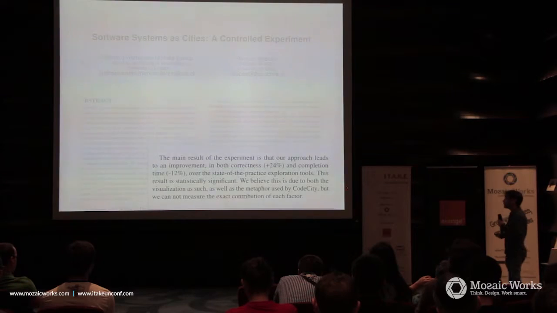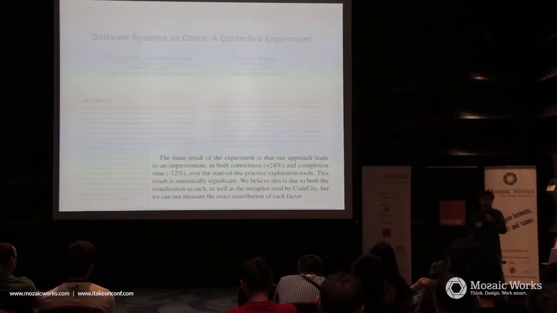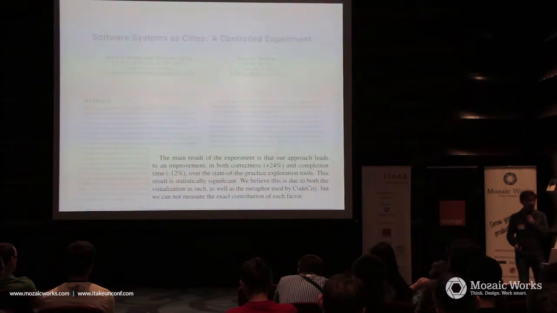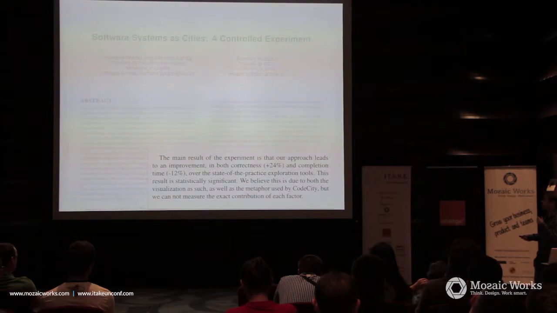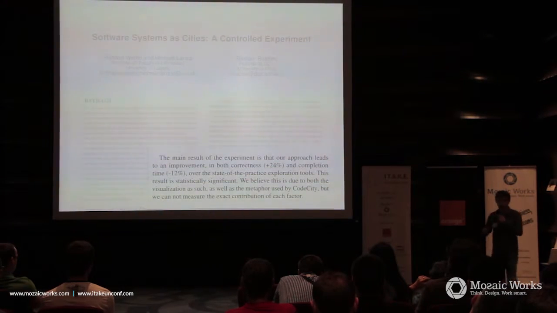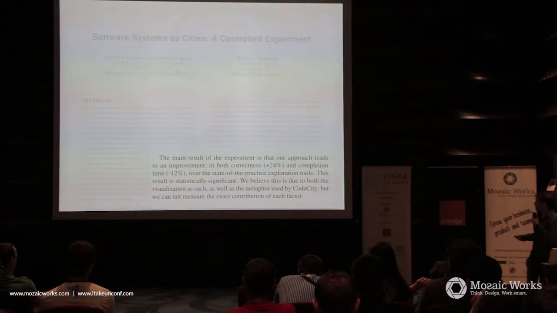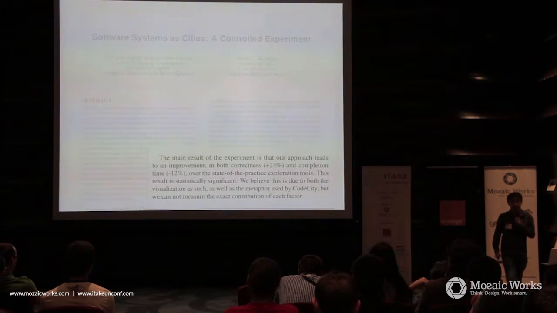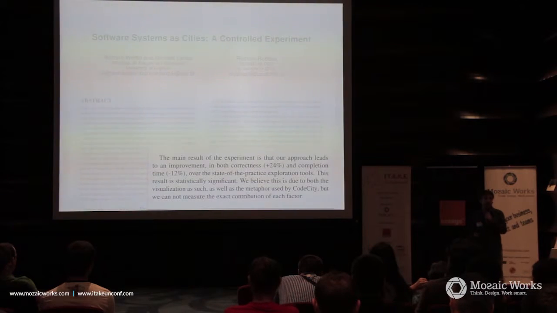So they observed that if you provide this metaphor to developers, they have somehow a better correctness in what they are implementing, and they have a better completion time of their tasks, whatever they are understanding or implementing.